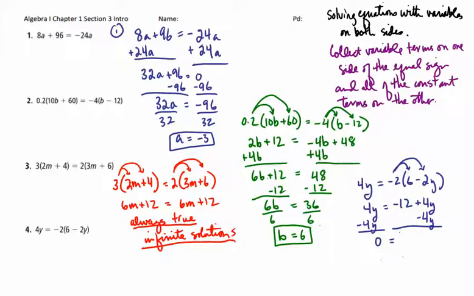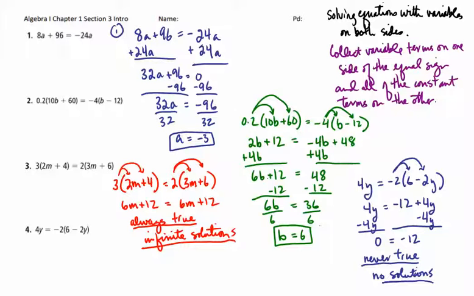And on the right side I'm going to get negative 12. So here I have an interesting equation. It says 0 is equal to negative 12. Well, that doesn't make sense because 0 is never equal to negative 12. And so we'll say this is never true, just like the other one was always true. This one is never true, and therefore we have no solutions to this equation. No solutions.